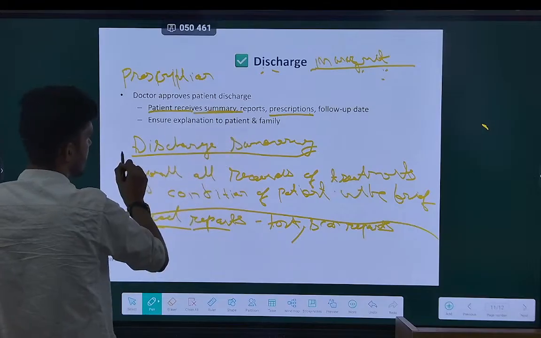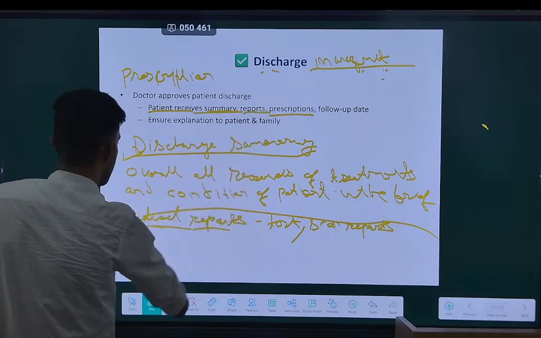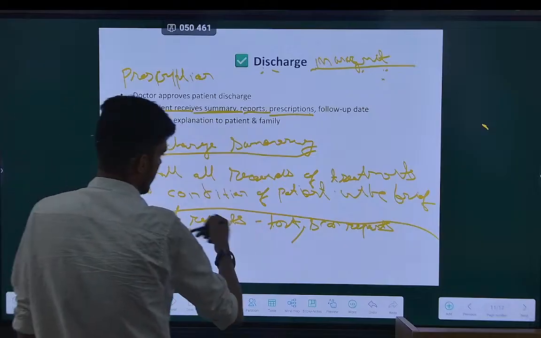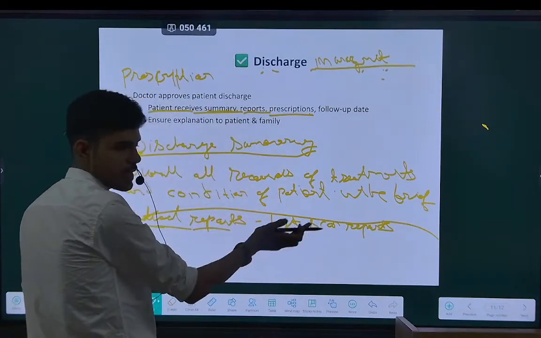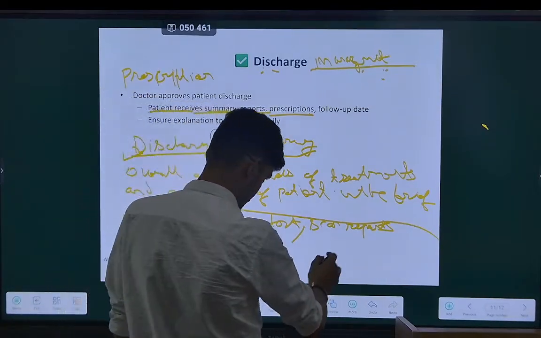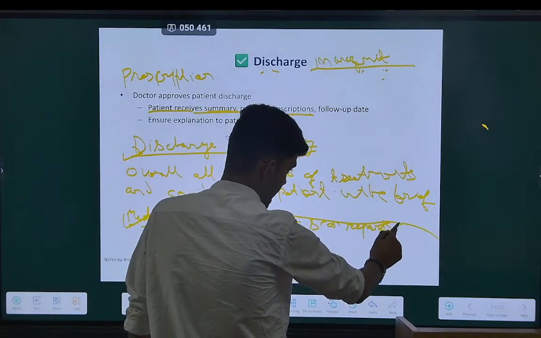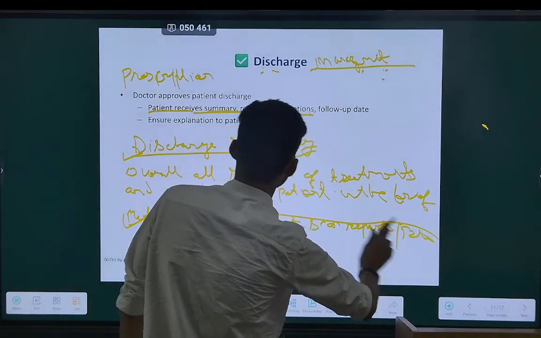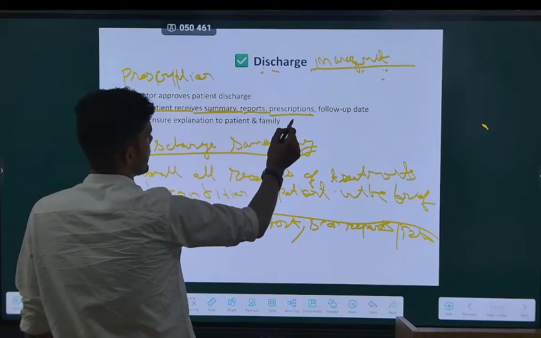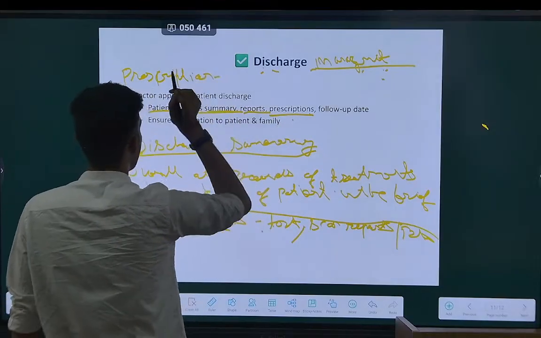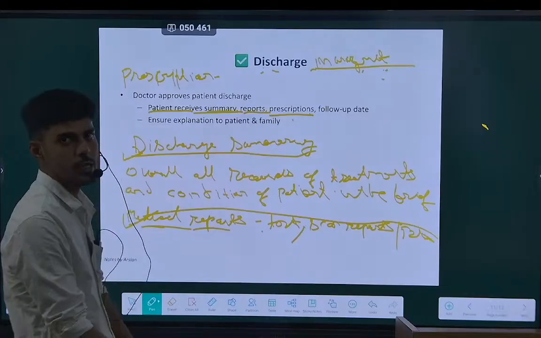The patient receives a summary, which is the discharge summary. Reports, which are medical reports. In medical reports, there are tests, scan reports, blood reports. All the things are there. Then the next thing is prescription. What are the things in the prescriptions?